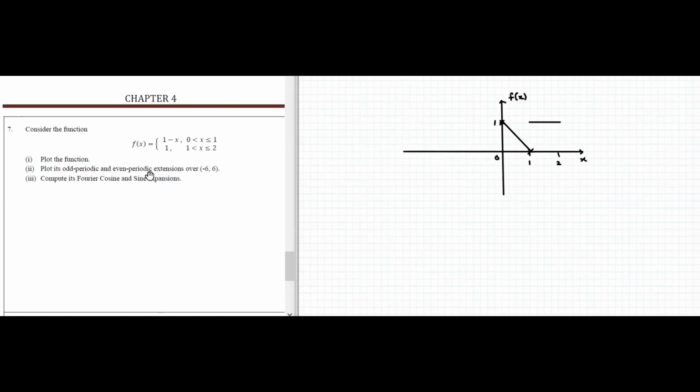Same for the even periodic extension. We can extend from the original graph.